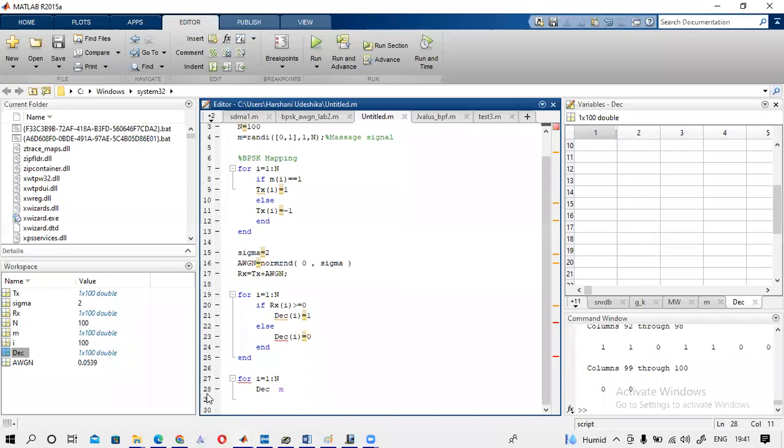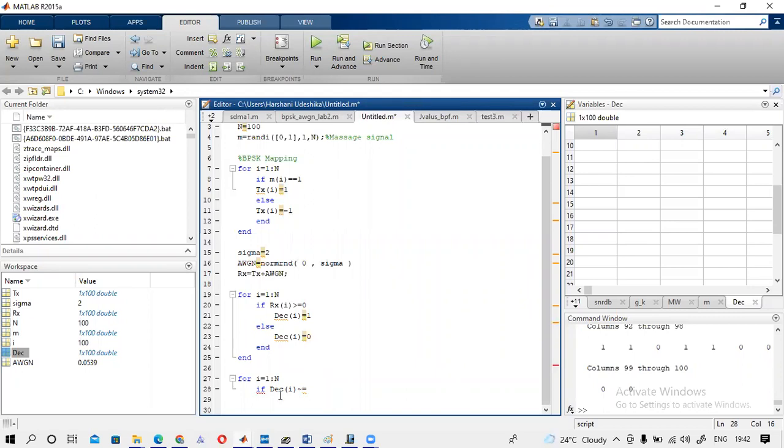I am going to compare: if my decoded signal DEC(I) is not equal to, I can type like this, this sign, this is the not equal sign.